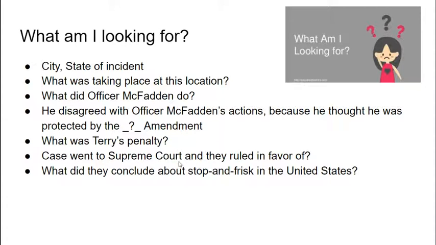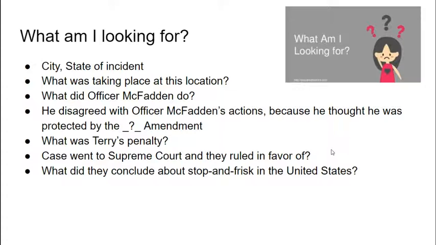The case goes to the Supreme Court, and they rule in favor of Ohio, Officer McFadden. And they said that it is a police officer's responsibility to maintain a safe community.